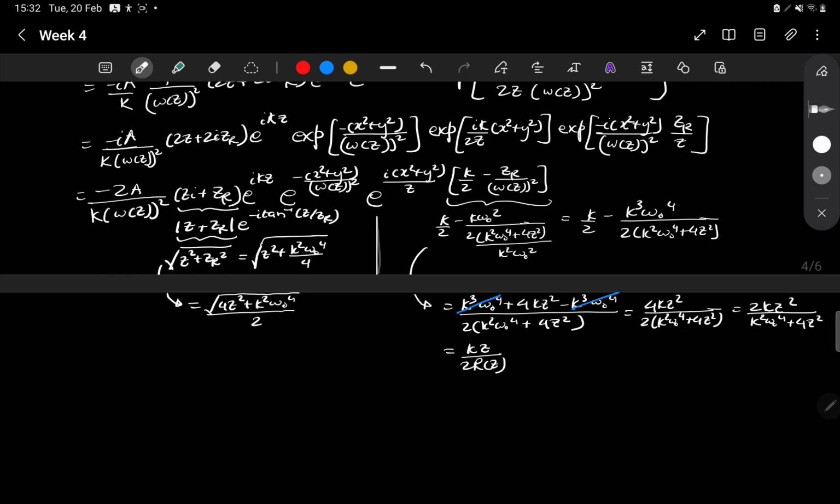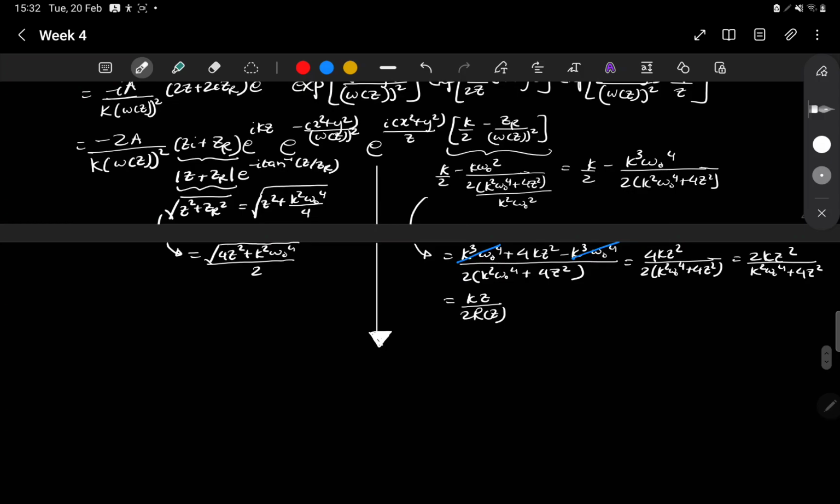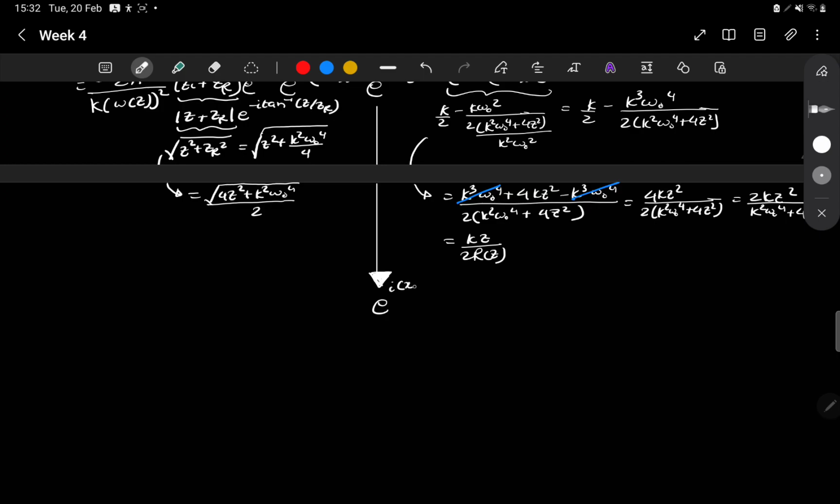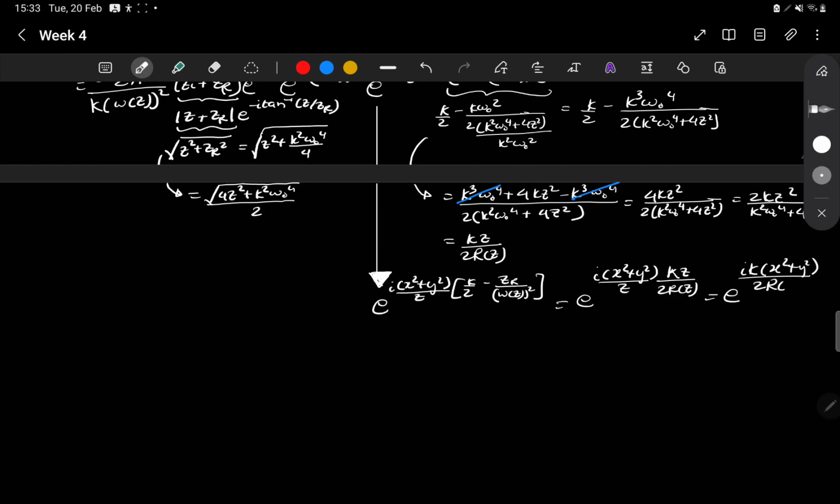So further, this exponential can be written by making use of this simplification that we have just done. This Z cancels.